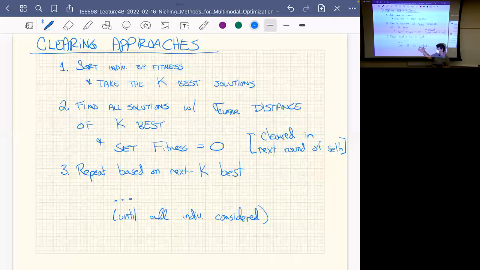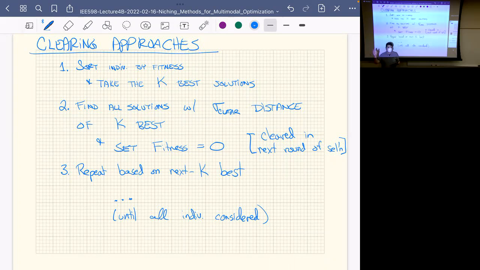Hopefully you get these little fiefdoms of separated individuals that don't have a lot of individuals around them, distributed along the peaks of your optimization objective. So that's basic clearing. And we would typically do this in genotype space for simplicity.